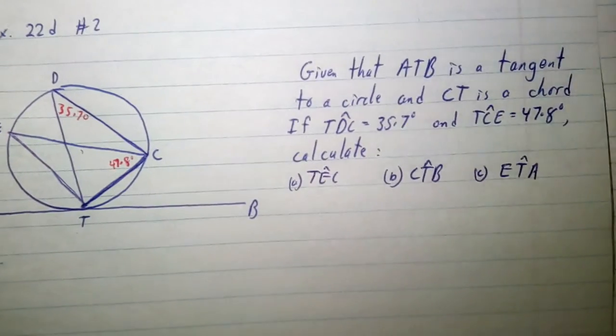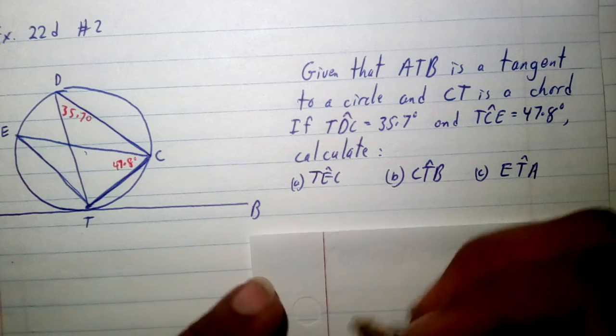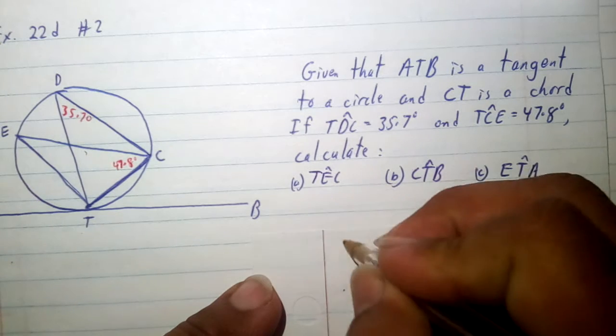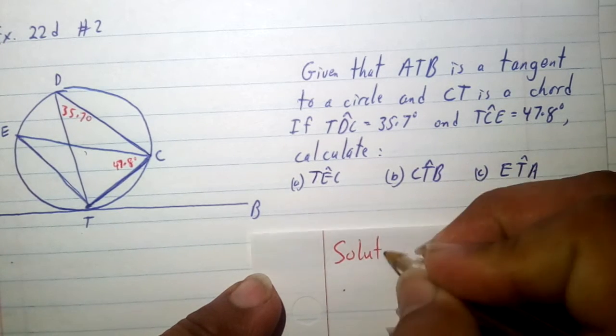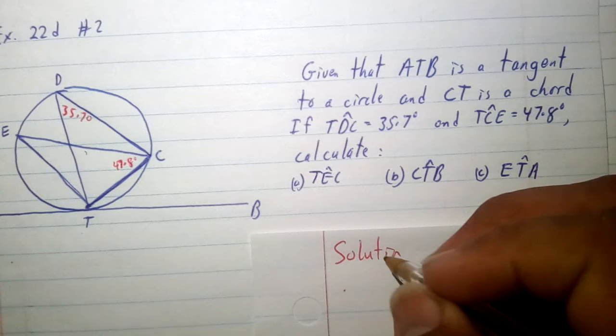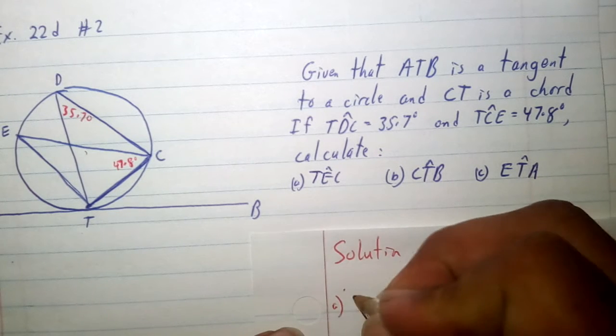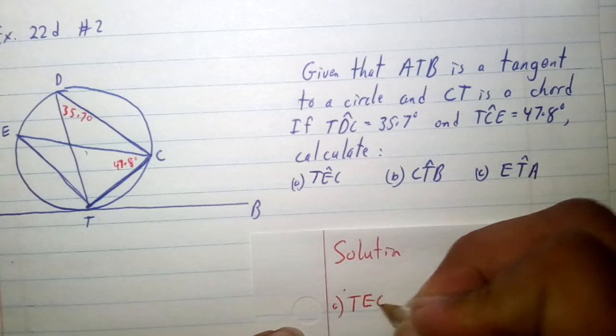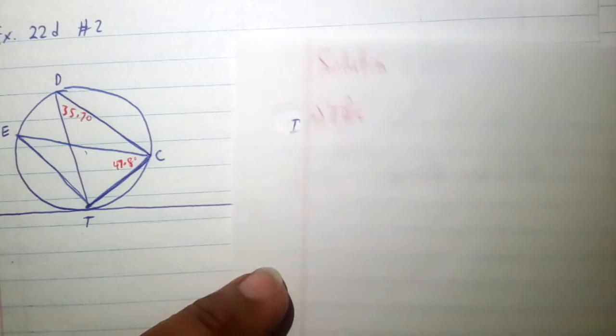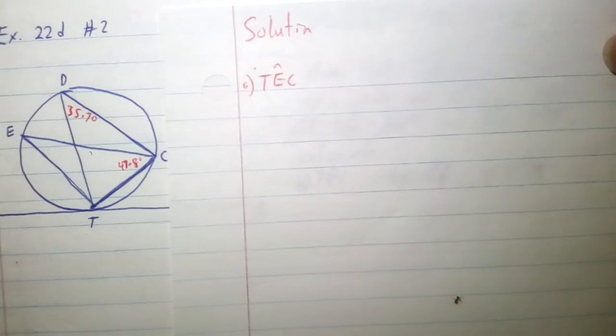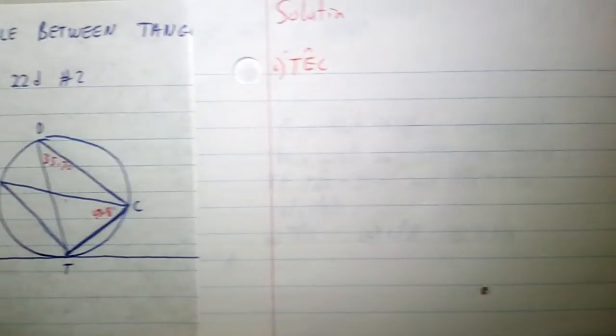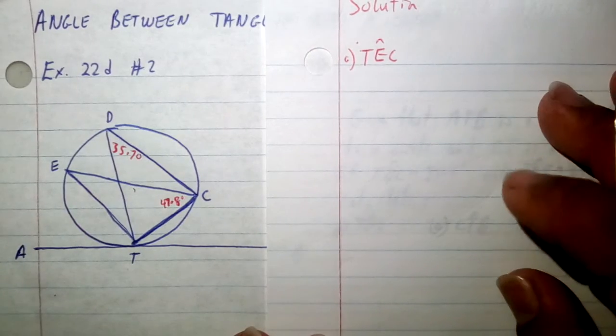Let me use a different sheet so I could do the work on the side so you can see it. So I want to start with the first one, solution. Okay, and I'm going to look for angle TEC. All right, we're going to be working the problem beside it so you can see the image.